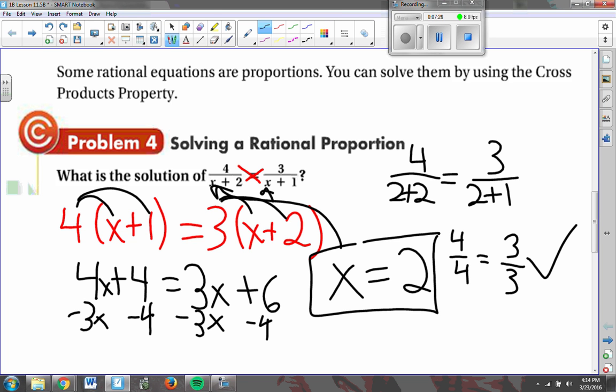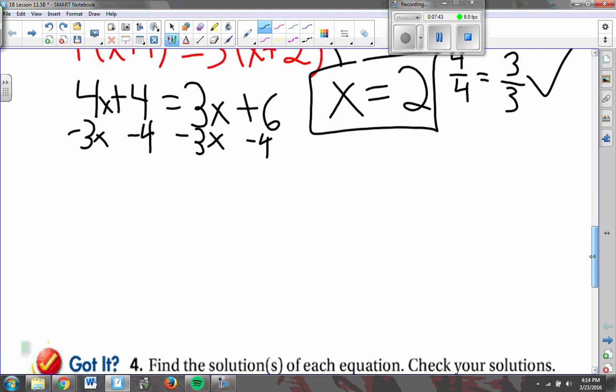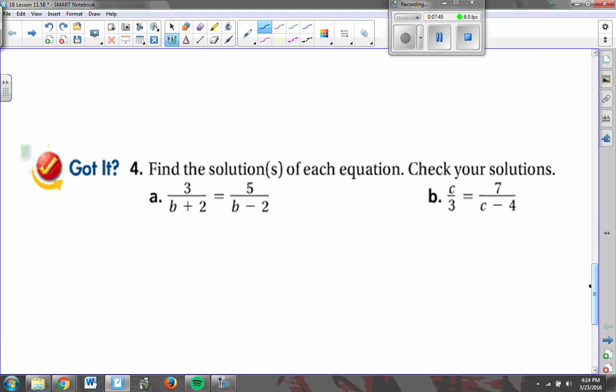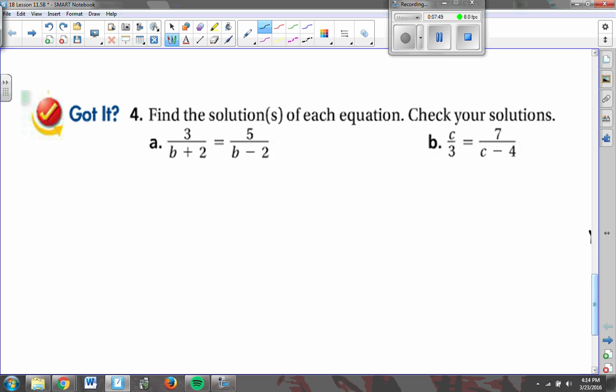Okay. So here we're just cross-multiplying right away, which gets rid of our fractions, just like our fraction busting, our common denominator multiplying did. Now we're just getting rid of our fractions by cross-multiplying. I would like you to try that here with both letter A and B. These two rational equations where we just have a rational expression equal to another.